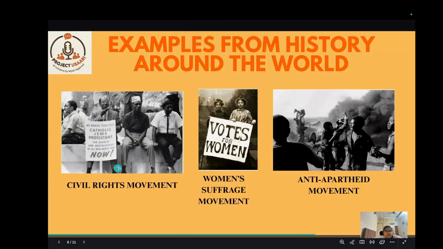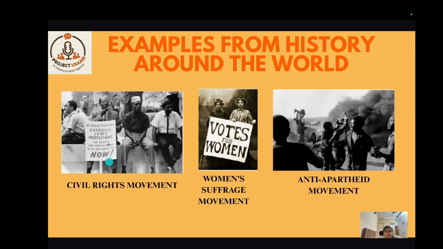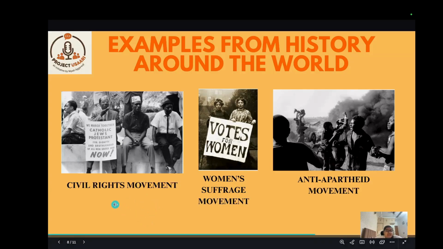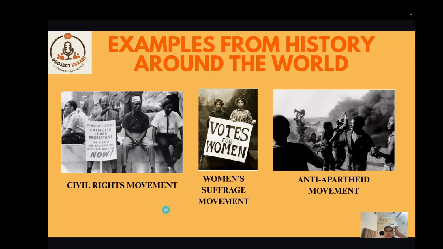So the first one is again a very famous example of the civil rights movement, which happened in the US, where the civil rights movement was fought against racial discrimination and segregation faced by the African Americans during the 1950s and 60s, and through peaceful protests and speeches, activists demanded equal rights, leading to important legal and social changes within the country of the United States.